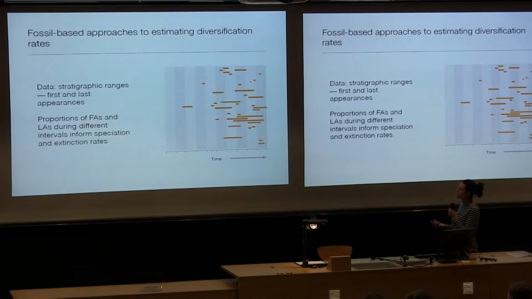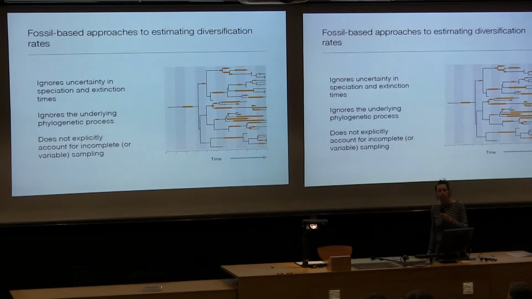The proportion of first and last appearances during different intervals is used to inform the speciation and extinction rates. The problem with these approaches is that they typically ignore uncertainty in the timing of speciation and extinction times, and they ignore the underlying phylogenetic process. Available approaches also don't explicitly account for incomplete sampling in the estimation of the speciation and extinction rates.